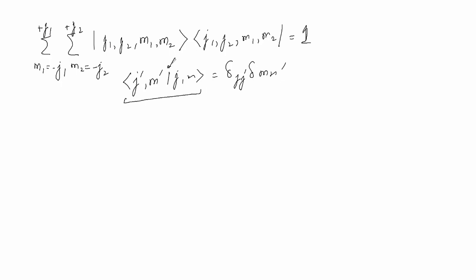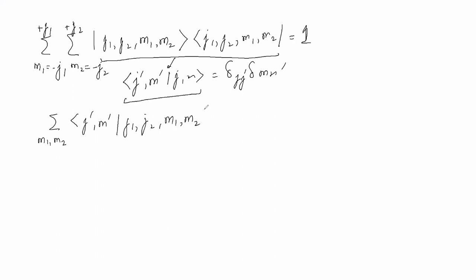Then I can sandwich 1 here, and instead of 1, I can sandwich this sum, such that I can write <J' M'|J1 J2 M1 M2><J1 J2 M1 M2|J M>, and this must be equal to delta J J' delta M M'.